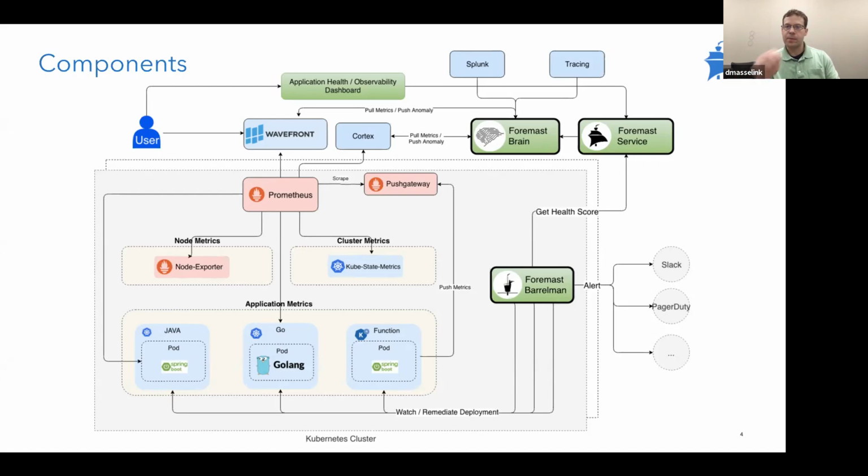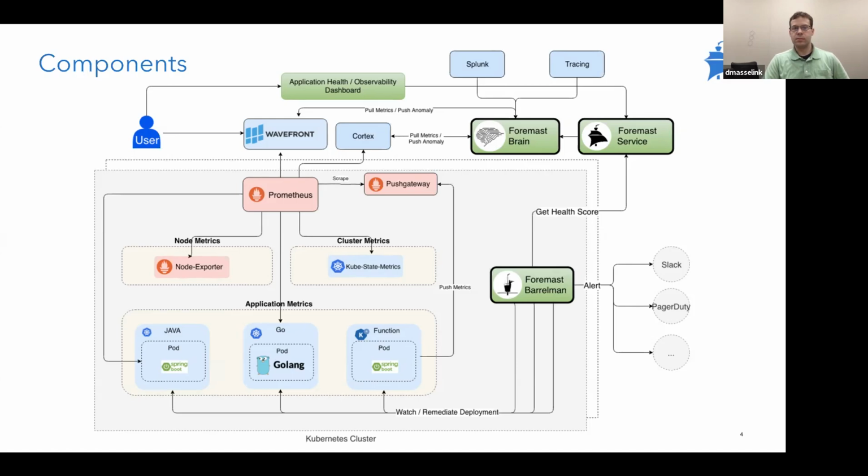Actually, ForMass Barrelman is sort of a customized controller. It watches all the deployments, like I said, in the architecture. Once a deployment happens, it will trigger the ForMass service, and the ForMass service will save the status of the monitoring request.